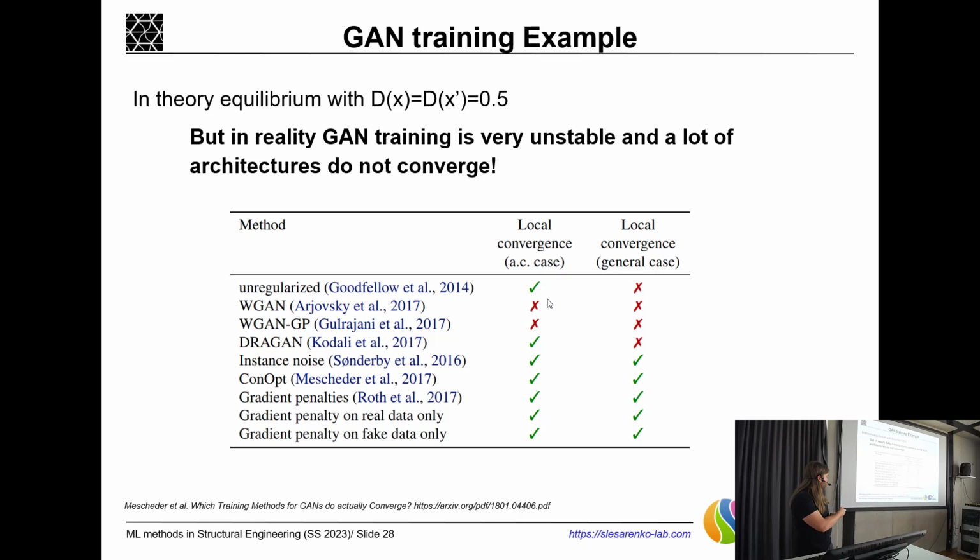So this is a study from some guys at the Max Planck Institute for Intelligent Systems in Tübingen. They basically looked at which very popular GAN architectures converged. So they basically find a configuration in which discriminator and generator are stable. And this is only the case for very few, including these two so-called Wasserstein GANs.